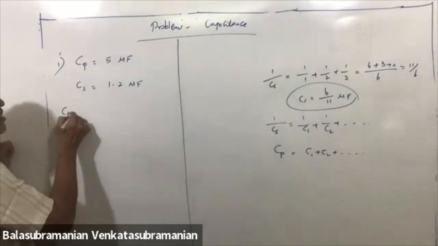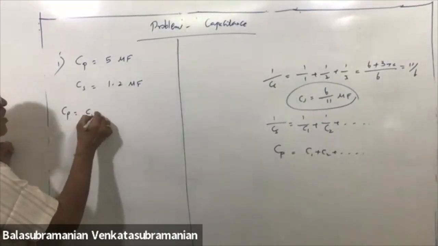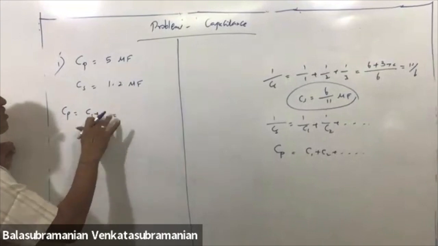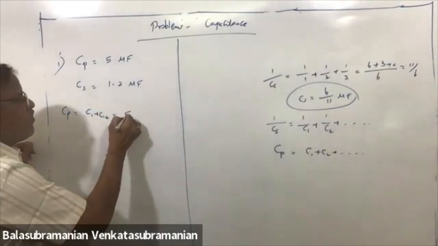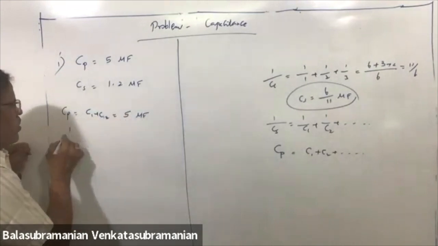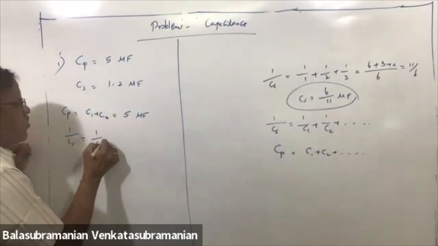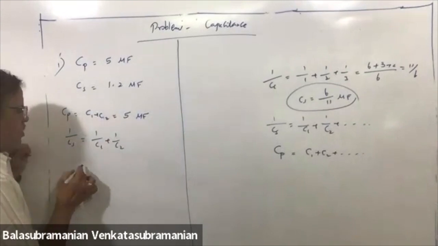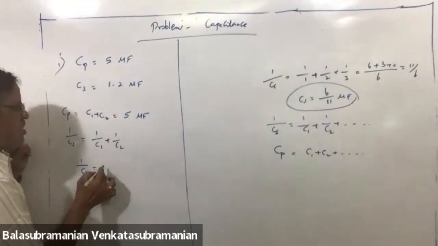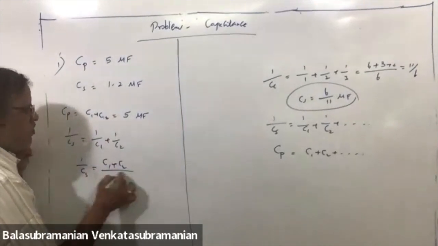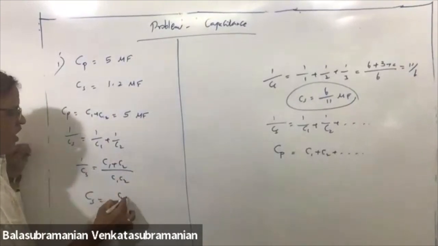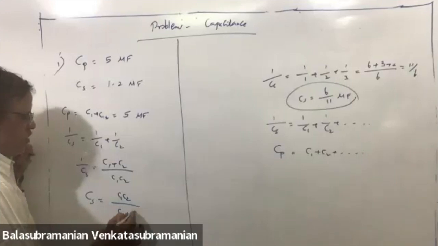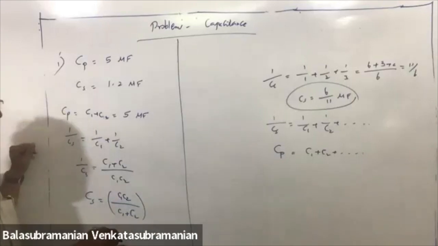Parallel connection, basic formula: C1 plus C2 is equal to 5. 1 by Cs is equal to 1 by C1 plus 1 by C2. 1 by Cs is equal to C1 plus C2 by C1 C2. Cs will be C1 C2 by C1 plus C2.